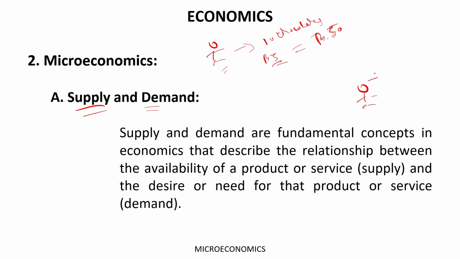This other person has 10 chocolates and his profit margin is covered within these rupees 5. Then he will be the supplier, and the other will be the demander, or you can say consumer. So this is the basic phenomenon of demand and supply.